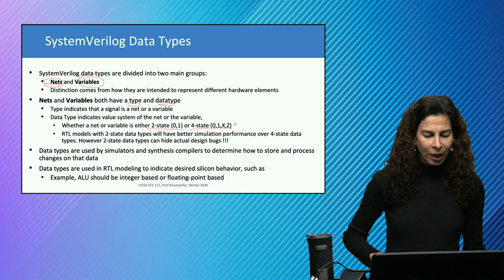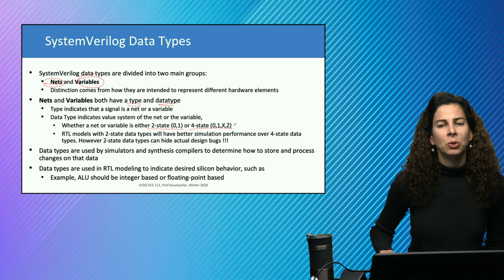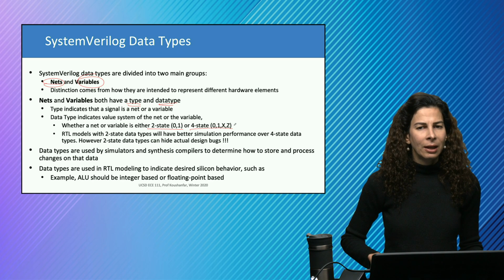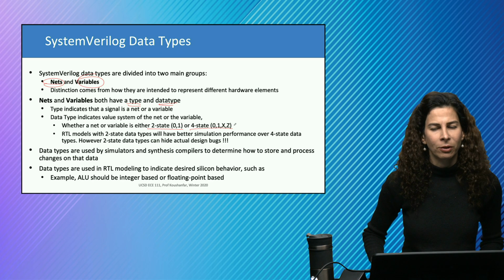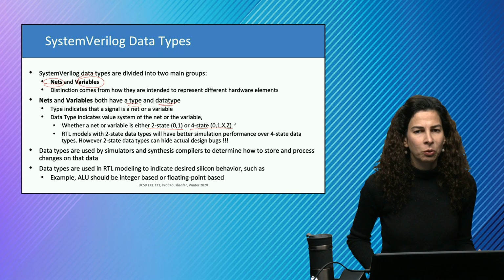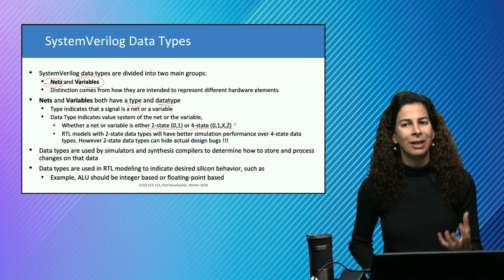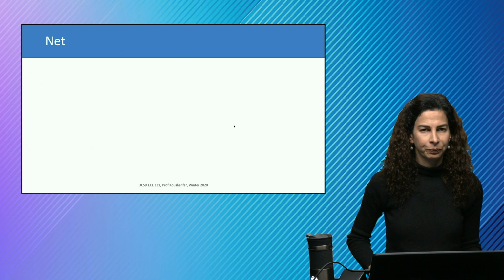And the data types are used for both simulation and synthesis, to determine how to store and process the data, and they also indicate desired silicon behavior. For example, if we have an ALU with floating point, it makes a difference how it's going to be translated into an RTL model than an integer type.